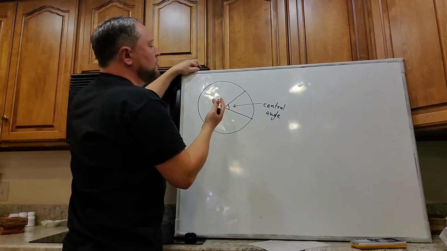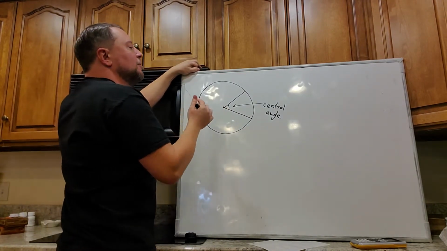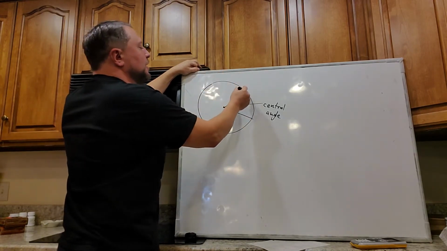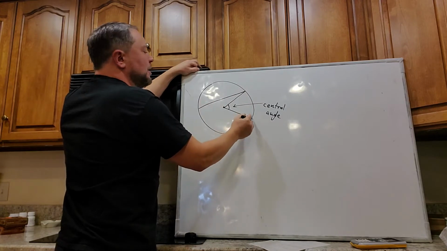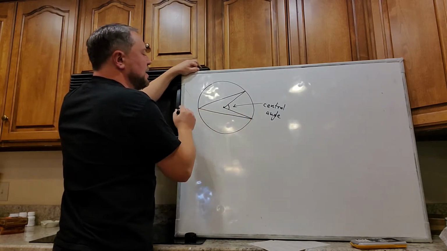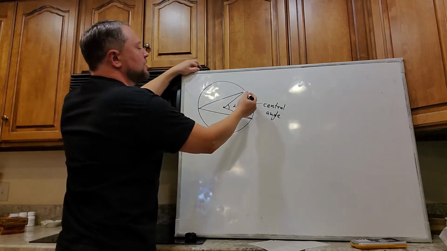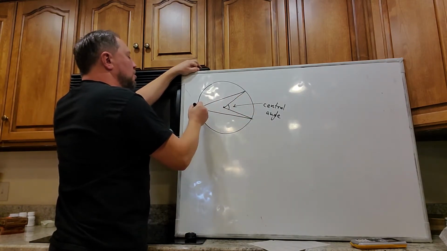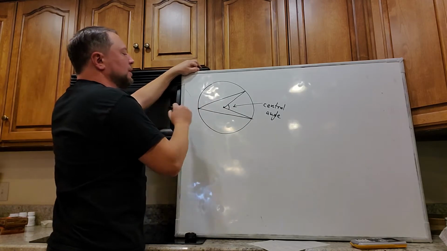Okay, but what I want to show you today is a different type of angle that does not have its vertex at the center, so they don't call it a central angle. Instead, this one is going to stretch back even further. So instead of the vertex ending right here at the center, the vertex goes all the way back to the back of the circle like that.